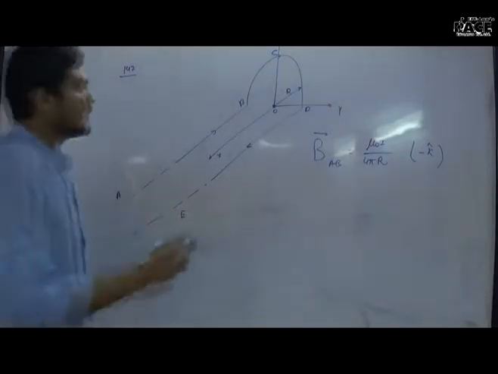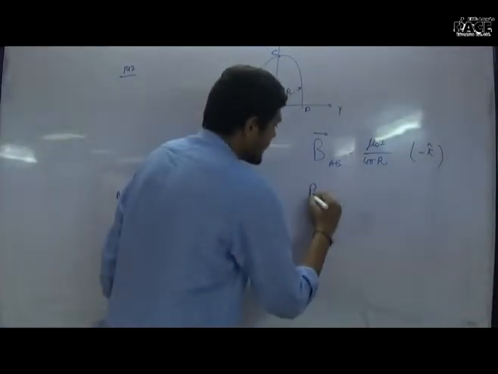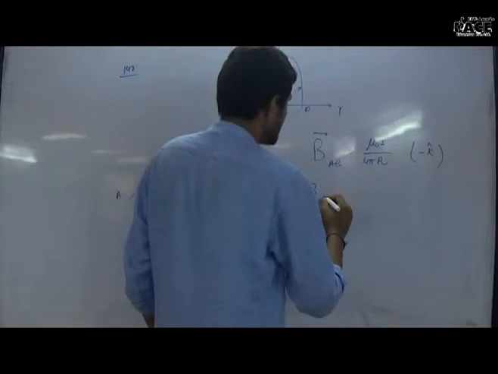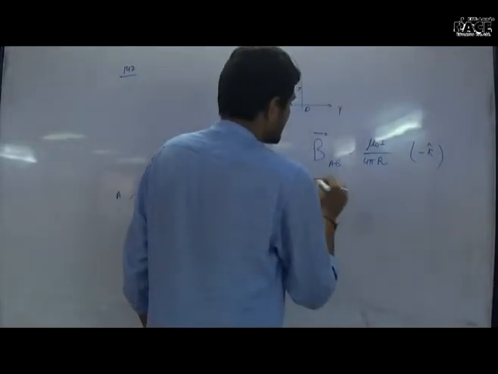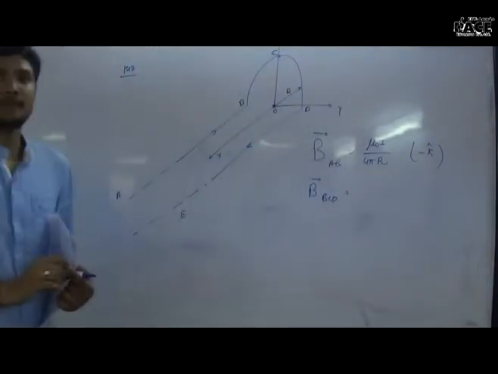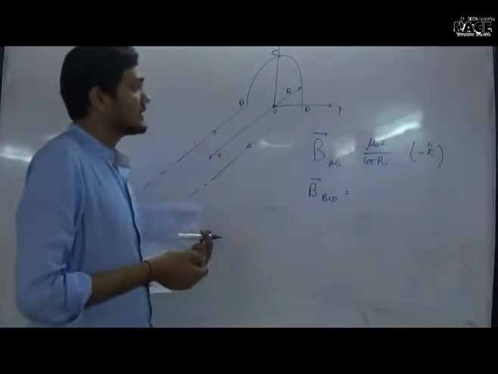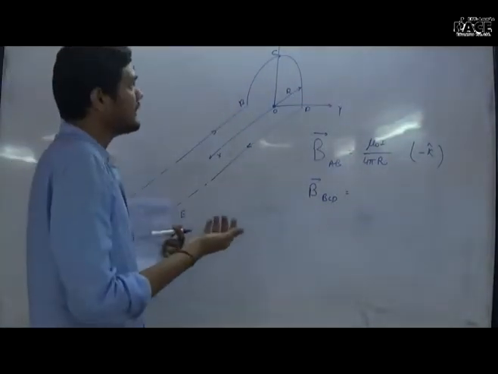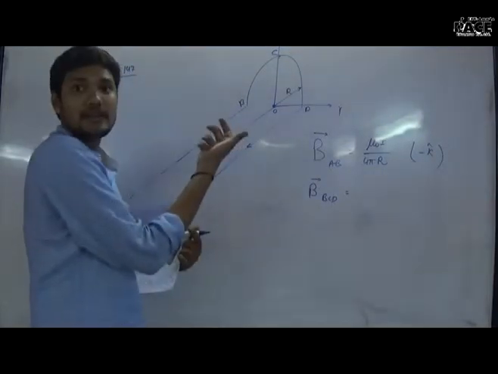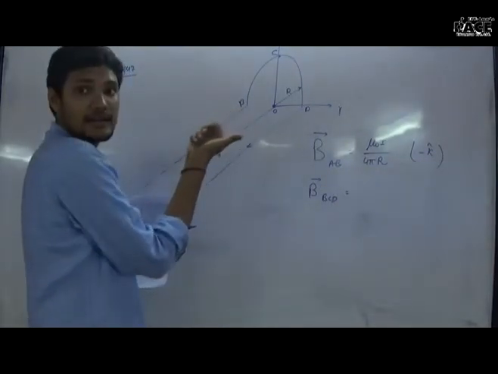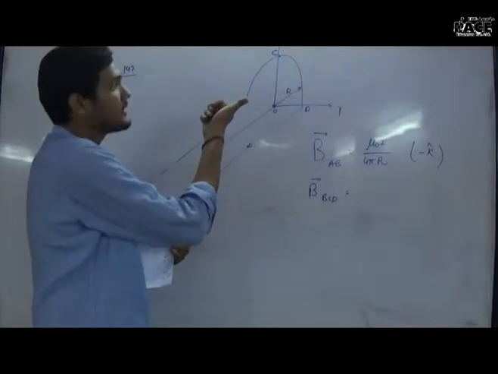Now let's talk of the magnetic field due to BCD, the circular portion. In the circular portion, the direction of magnetic field is given by this: if we align the curl of our fingers with the direction of the flow of current, then the direction of the thumb gives us the direction of magnetic field.